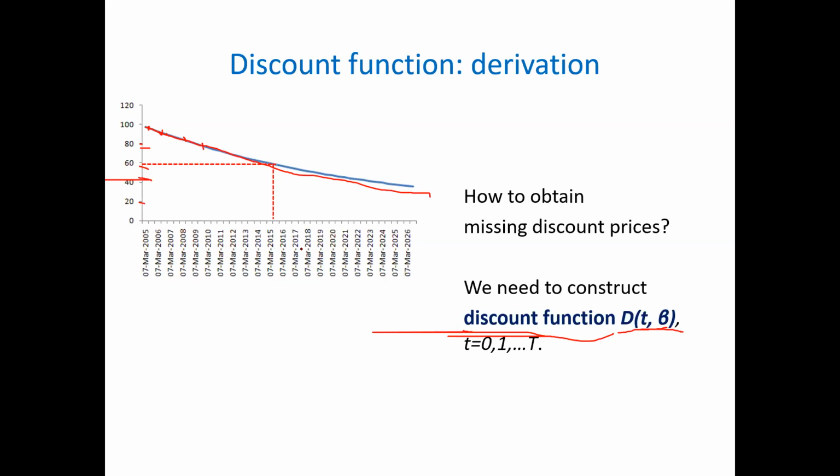The real discount function is unobservable. We already know that this is just a dependency between the discount price and time to maturity, but what precise mathematical formula describes this dependency is not known. This is how we say the discount function is unobservable.